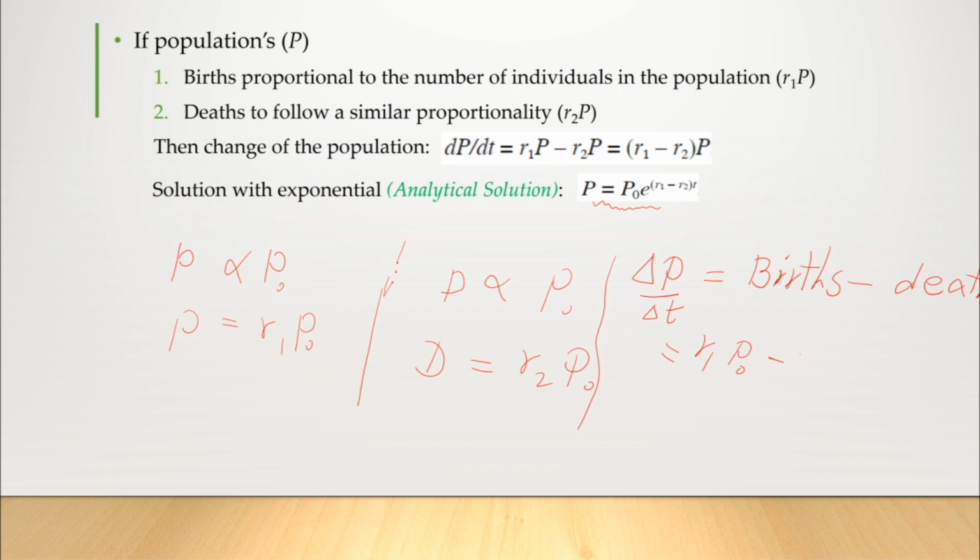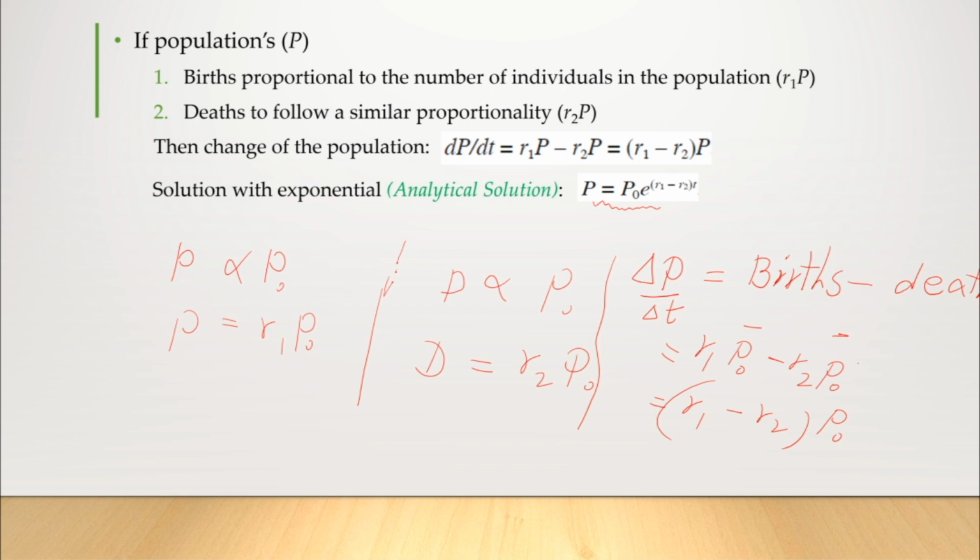Minus R2 P0. So this is the same thing as we can write as R1 minus R2 into P0, because P0 is common, so I just took it out like that.